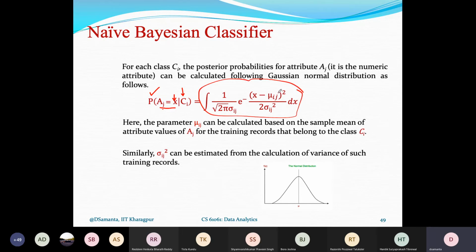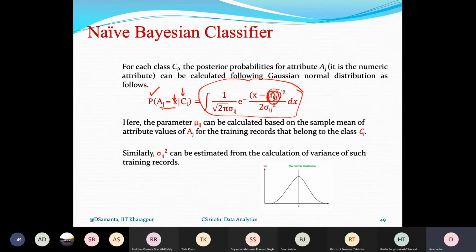Here you can see mu ij. Mu ij will consider only those values that belong to attribute aj and to the class ci. So mu ij denotes all the values which belong to class level ci for attribute aj.